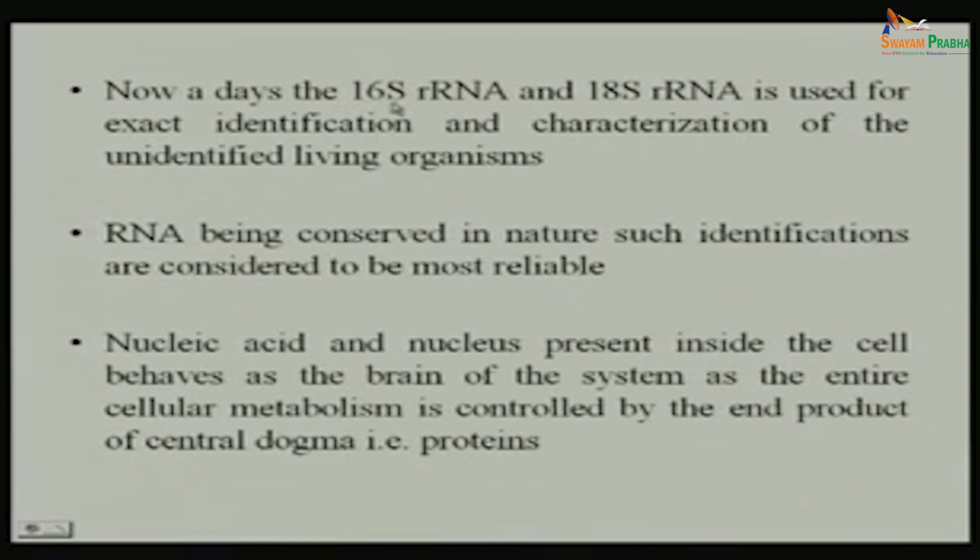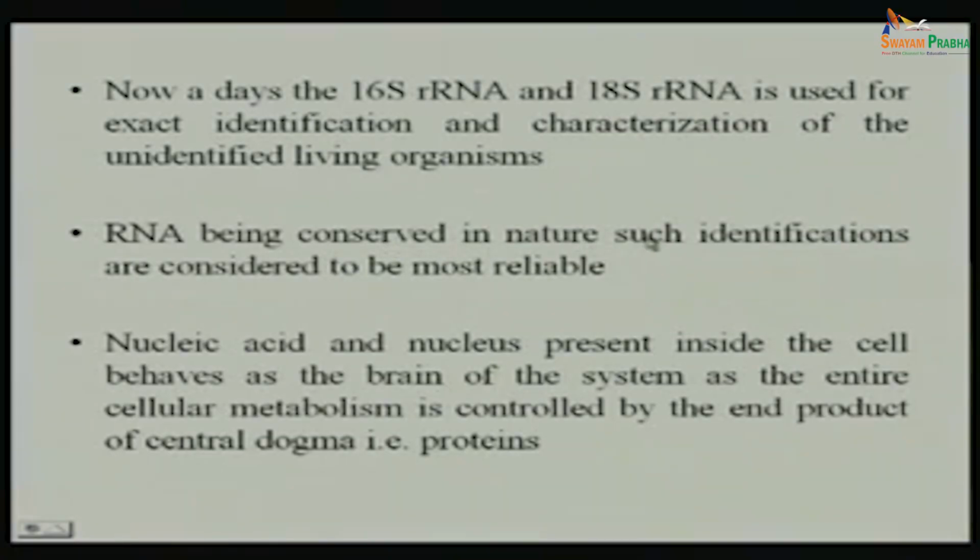Nowadays, 16S rRNA for prokaryotes and 18S rRNA for eukaryotes are used for identification and characterization of unidentified living organisms because they are conserved in nature. Since RNA is conserved in nature, such identifications are considered the most reliable.